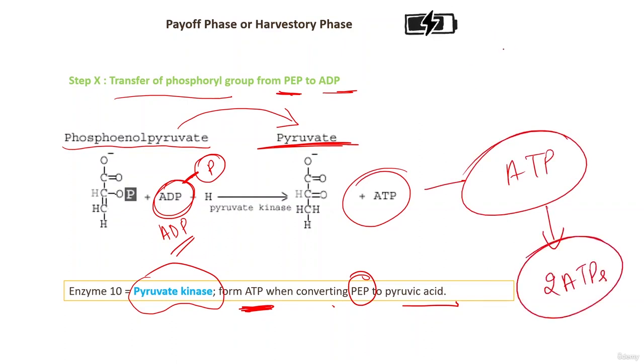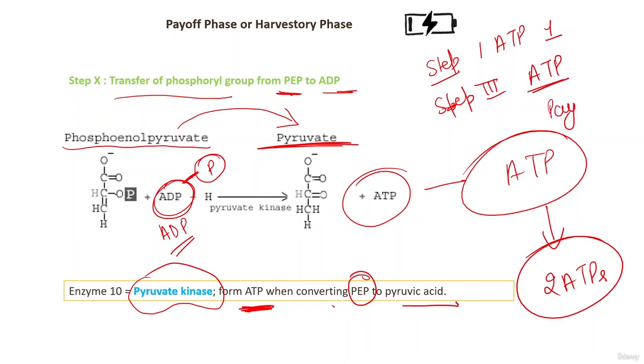So the overall reaction: one ATP was used in step 1 and one ATP was used in step 3. But after the payoff phase, from the 2 glyceraldehyde 3-phosphate we got 2 NADH and 2 ATPs, and in the 10th step we are getting 2 more ATPs.